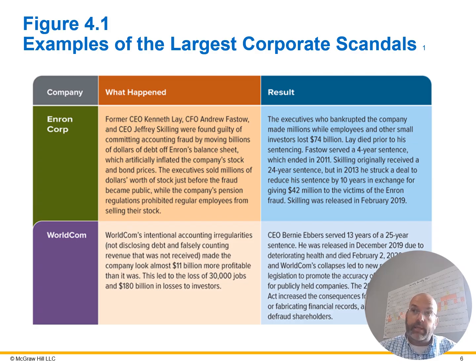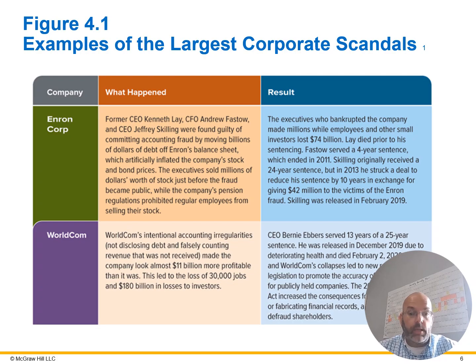So they did some magic trickery with the books, and it ended up showing the investors lost $74 billion because what they were claiming was an asset was actually a liability. So he did this simply to inflate the price of the stock so that they could get their bonuses as corporate officers.